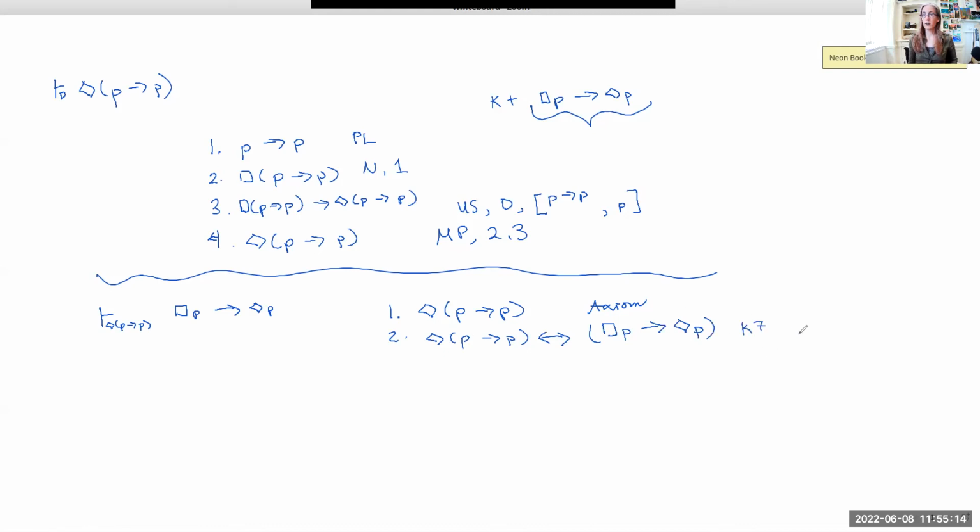So this is our theorem K7. It's actually a substitution instance. I've substituted P in where the original theorem has Q.